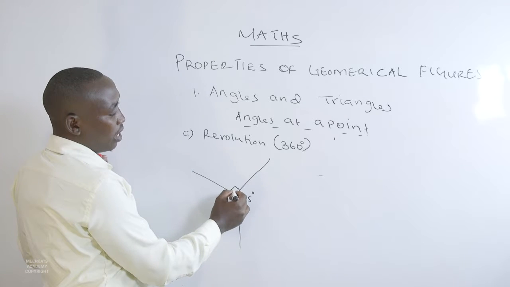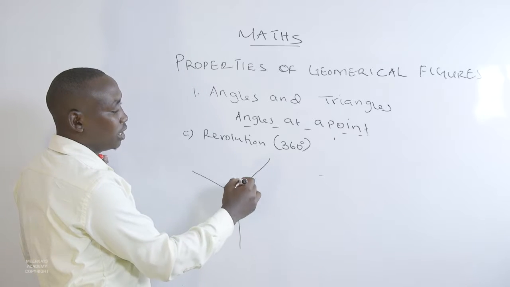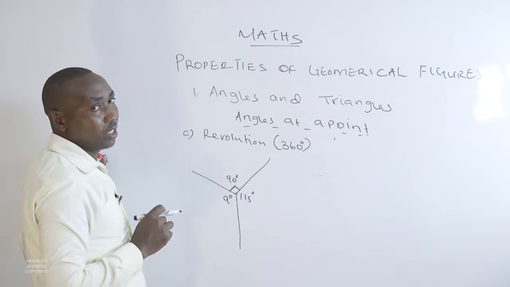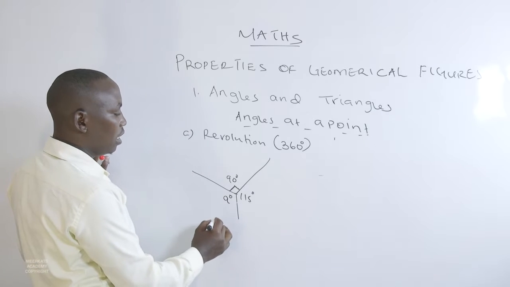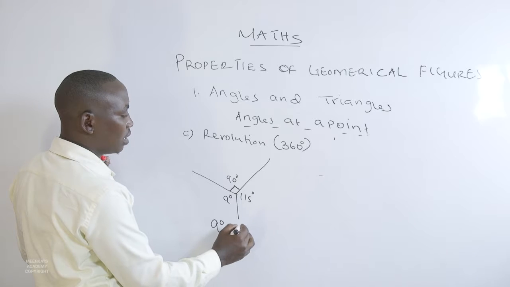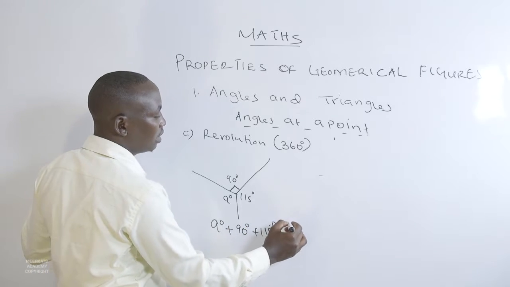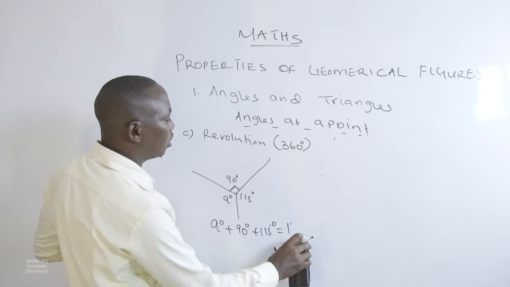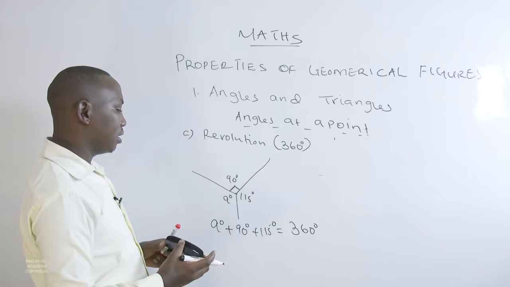You'll recall we use this symbol whenever we want to say that this particular angle is a right angle. Therefore, to get the value of A, you take A plus 90 degrees plus 115 degrees. The result should be a total revolution, which is 360 degrees.